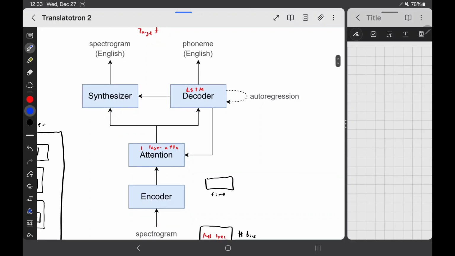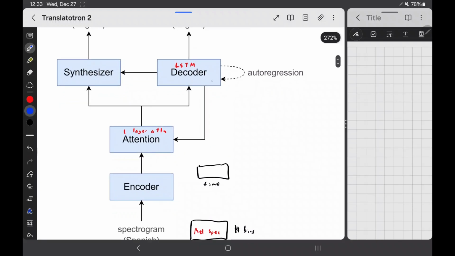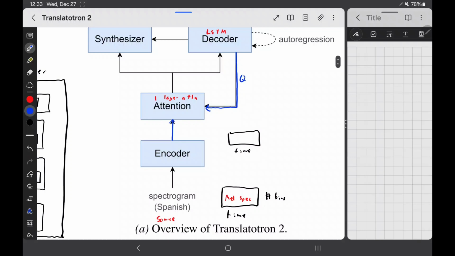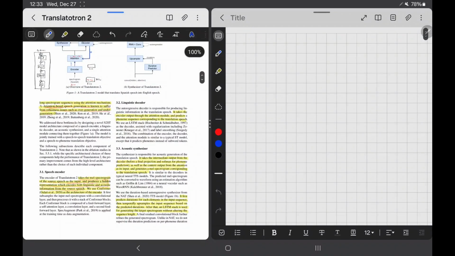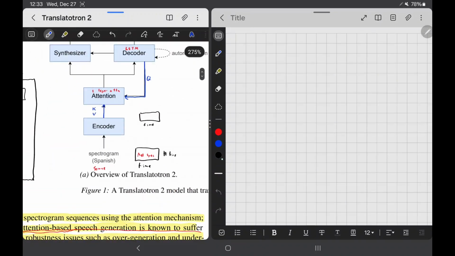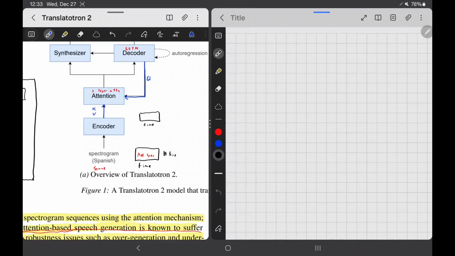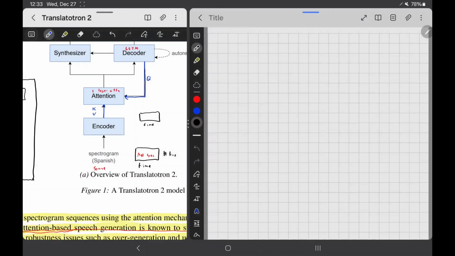Now, these two go together. So these are going to be the queries. So you're going to be producing queries using the decoder, and your keys and values come from your encoder. So these will be your keys and your values. And what the attention decoder module kind of looks like is, so like I said, it's one layer attention, and it's going to be a cross attention layer, basically.